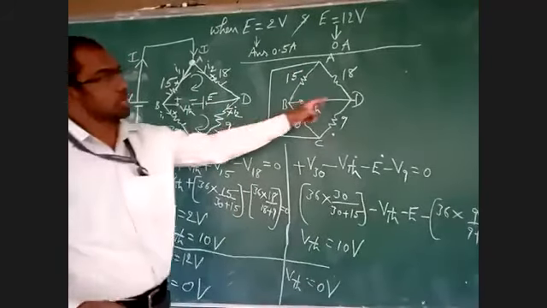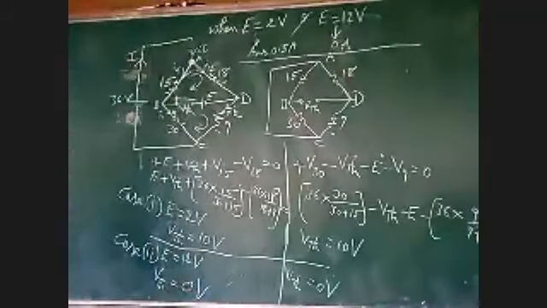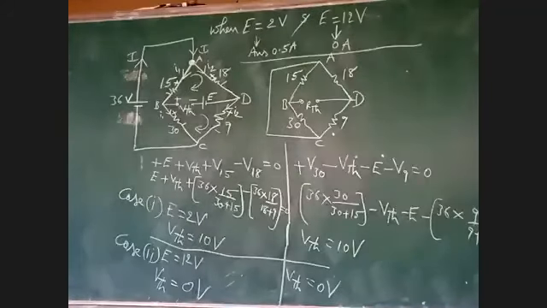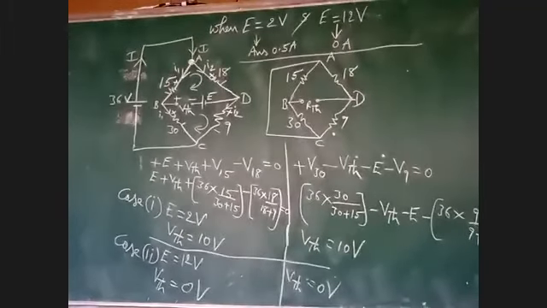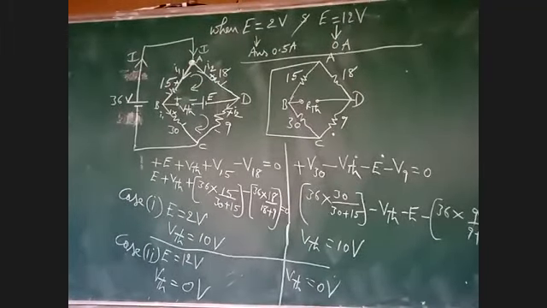This voltage source also I am shorting. While determining RTH, we have to short all the voltage sources and open all the current sources. Write down the note: since two voltage sources are there, we are shorting both voltage sources while determining RTH.